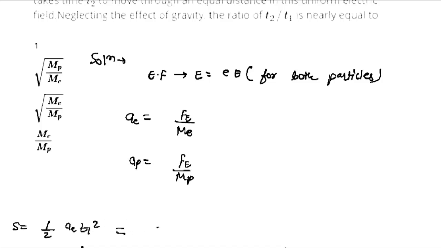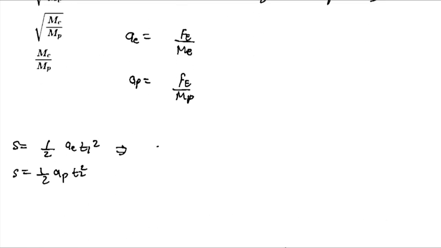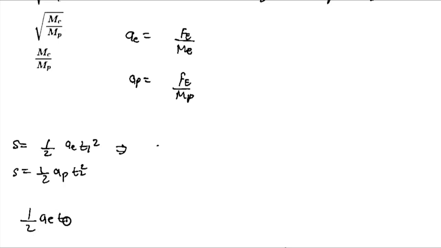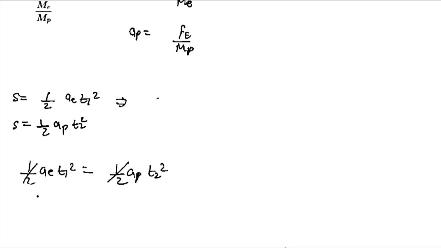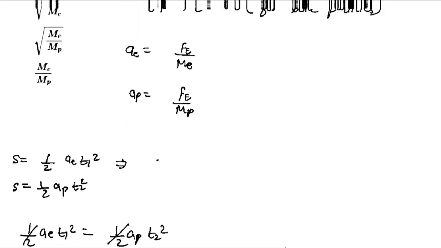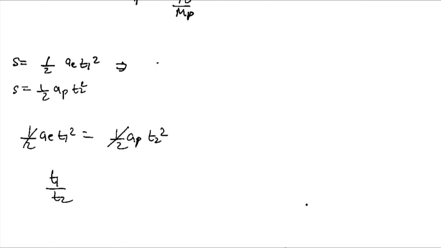These both are equal, so half ae t1 square will be equal to half ap t2 square. So half will get cancelled out, and t1 upon t2 will be equal to... So we have to find the ratio of t2 upon t1, sorry, t2 upon t1.